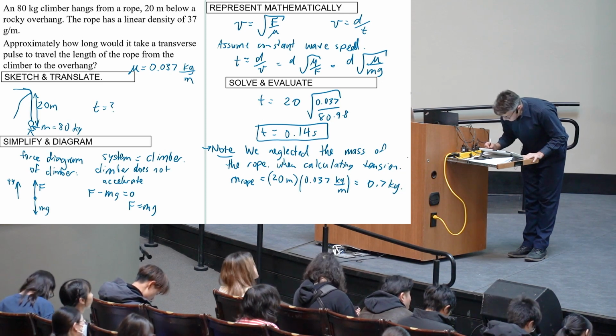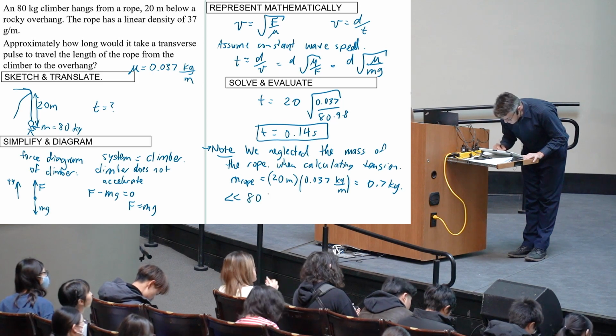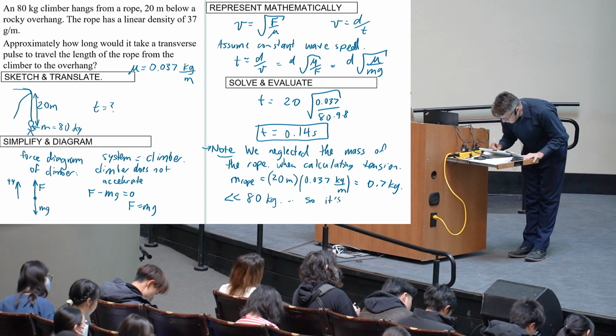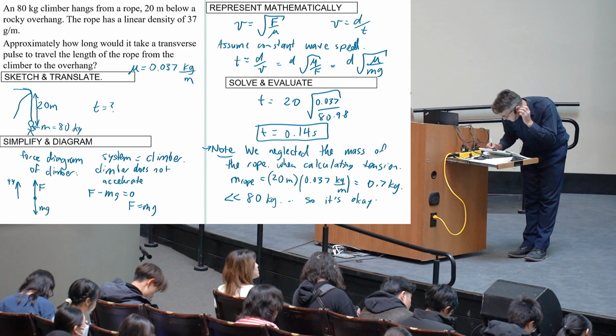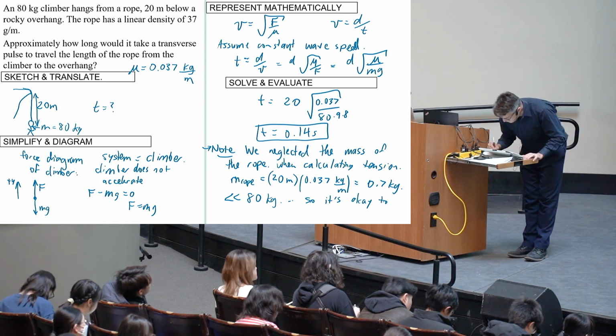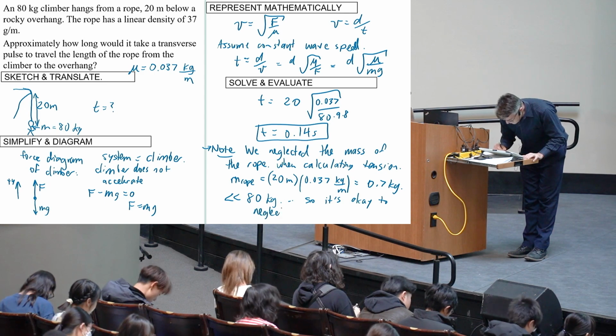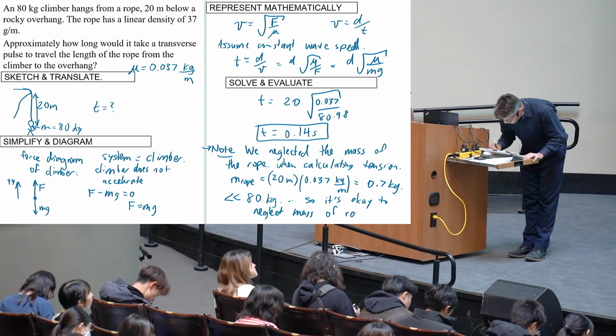So this is a lot less than 80 kilograms. So I guess it's okay. It's less than 1%, so it's okay to neglect the mass of the rope.